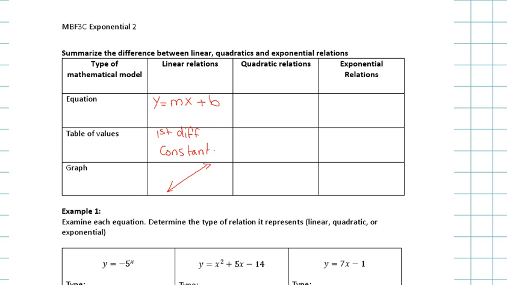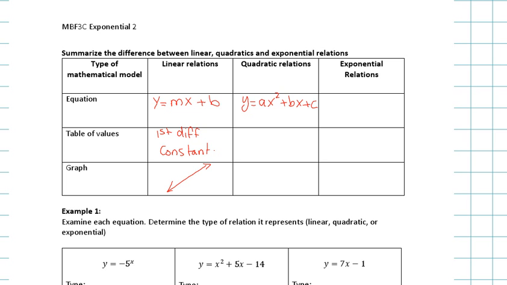What is your quadratic relation equation? What's the standard form of it? It's right there in front of you in the orange. Standard form: y equals ax squared plus bx plus c. Good, you remember, see?